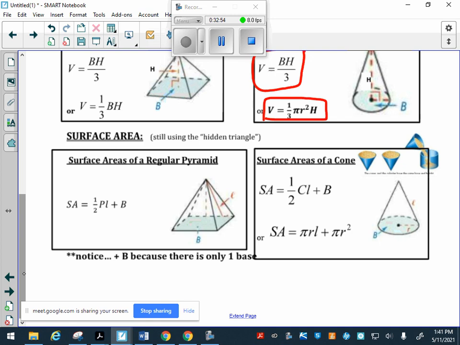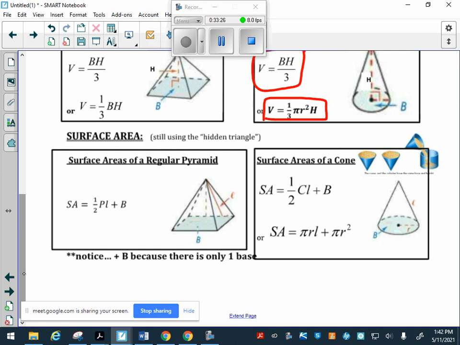What shape is this? It's a rectangle. How do you find the area of a rectangle? Base times height. Well, we said PH instead of BH. Perimeter, right? The perimeter of this pentagon here is the length of that rectangle.